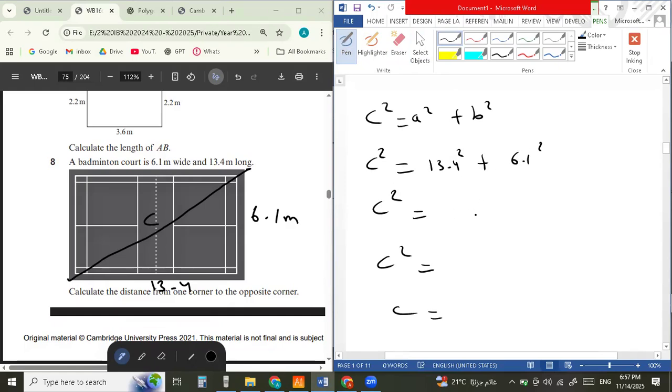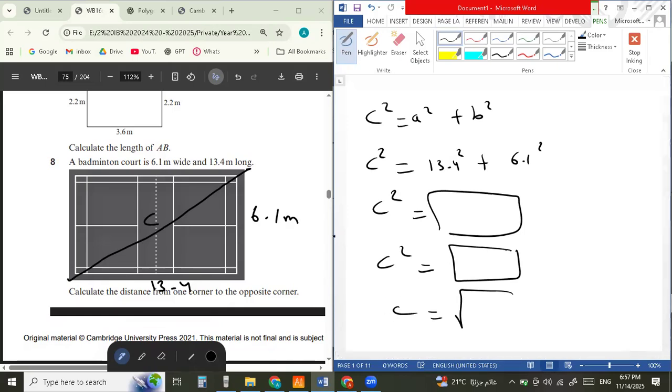Do your calculations, add them up, and then take the root of your answer. Check your final answer with the answer key. Just find C.